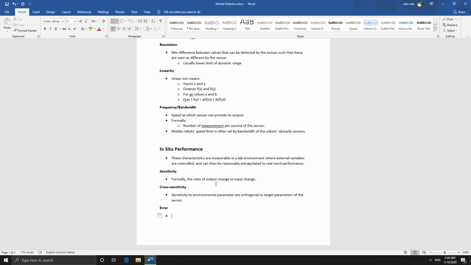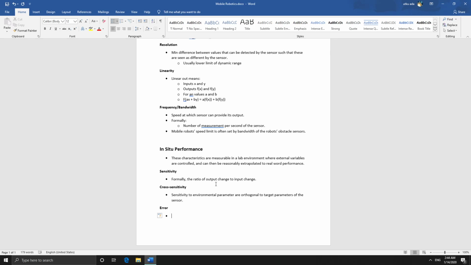So error is just the difference between a mobile robot sensor's measurements, what the sensor has actually produced, and the actual value.